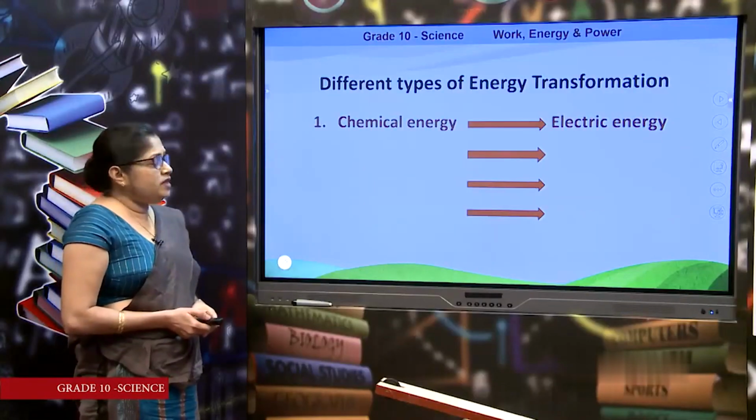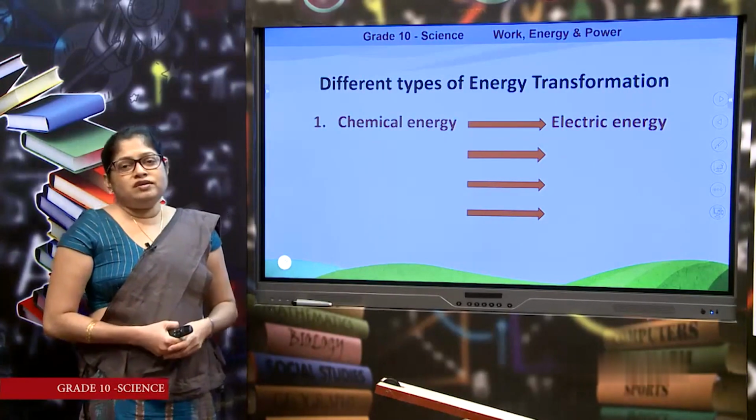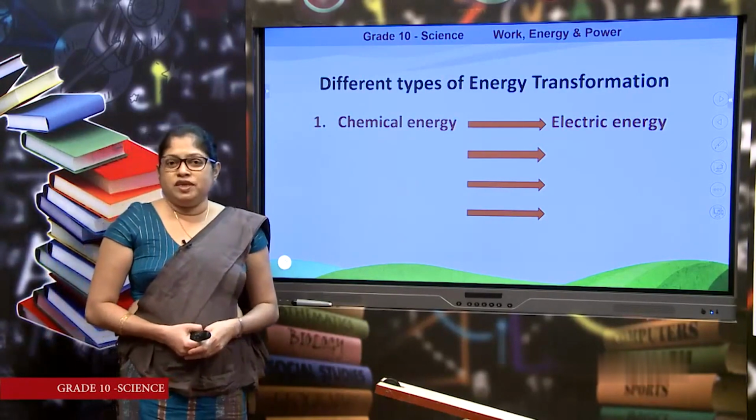Let us look at different types of energy transformation. Now, children, think you are trying to light a bulb using a battery or dry cell in your home. The dry cell or battery has chemical energy in it. When you light the bulb, that chemical energy is converted into electric energy.